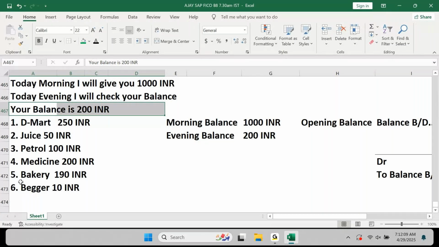You have 200 rupees. If I say no, I'm not going to accept this 10 rupees for whatever you paid to the beggar, then will I accept 200 rupees or not? You will not accept. Return.